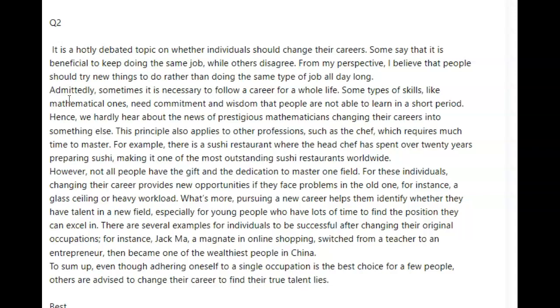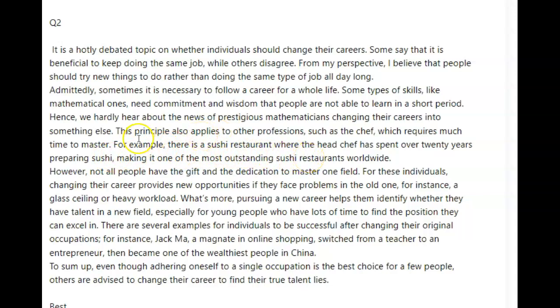And I absolutely appreciated your thought process about how there's some careers that you really just need to dedicate yourself to, and that there's some value to this, and there's something to be said about that. Your cohesion was excellent. Your development was excellent. It flowed beautifully. I mean, I could have maybe seen the word sushi maybe one time less. It's such a detail.